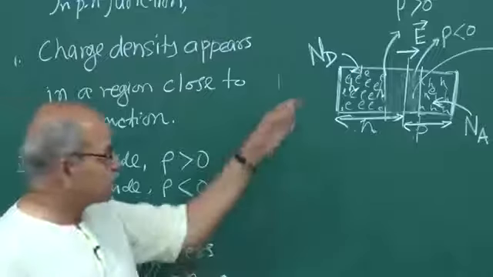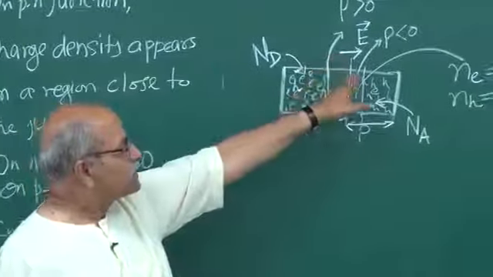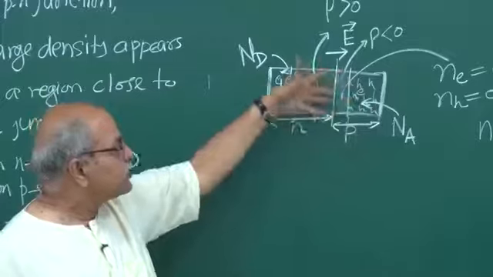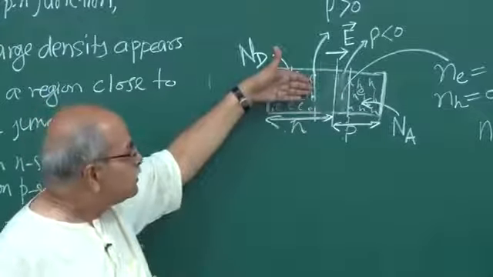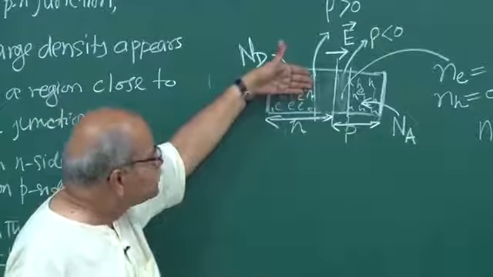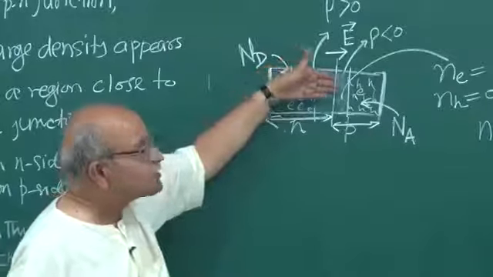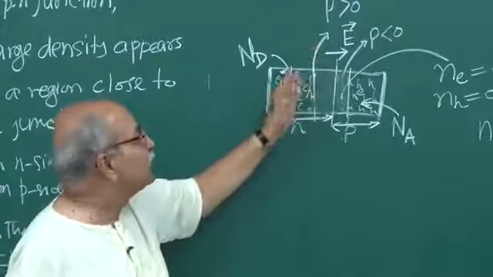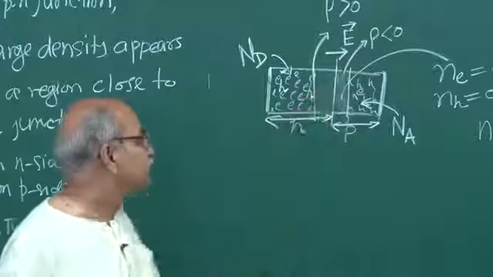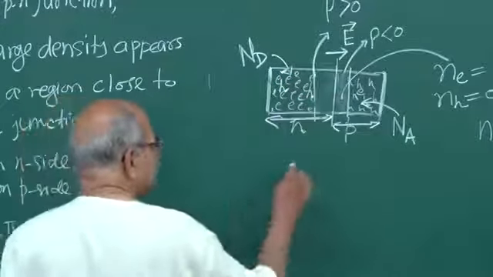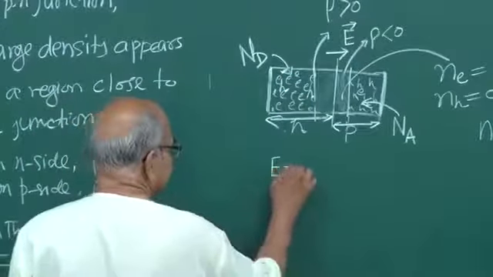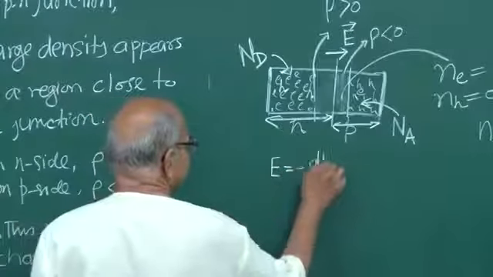Because of this electric field, the electric potential will decrease as you go from left to right in this picture. You are going along the electric field, so potential decreases, E is minus dV dx.